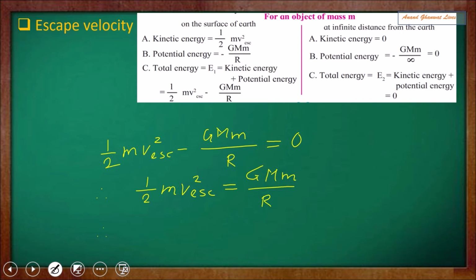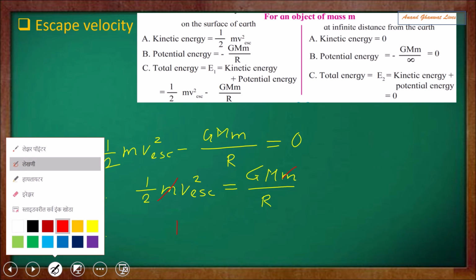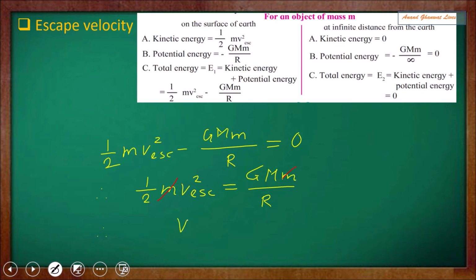Now divide throughout by m, so m is cancelled there. Therefore, the square of escape velocity is equal to 2 into G into m upon r.